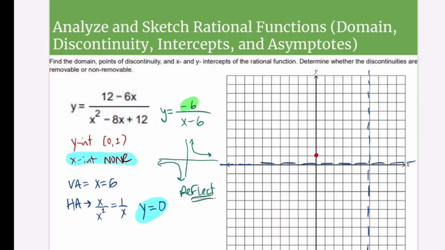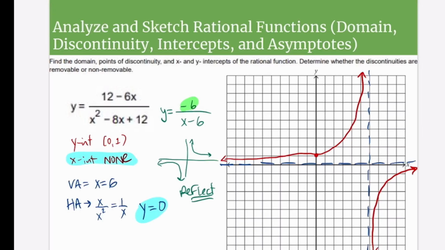So that's where this red y-intercept kind of comes in handy. So instead of being the bottom left, it's going to be on the top left. And instead of being on the top right, it's going to be on the bottom right. And that's how we would sketch this equation.